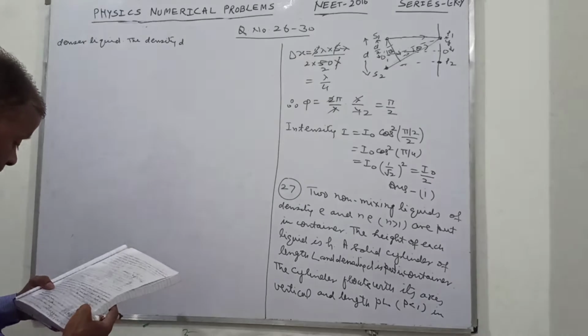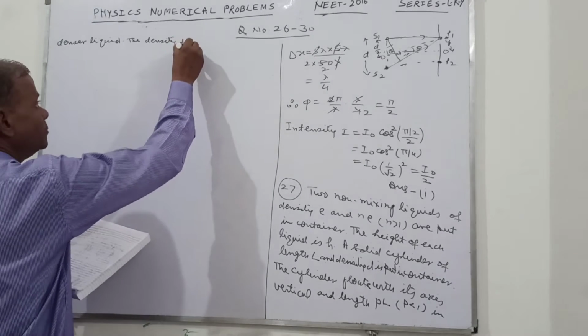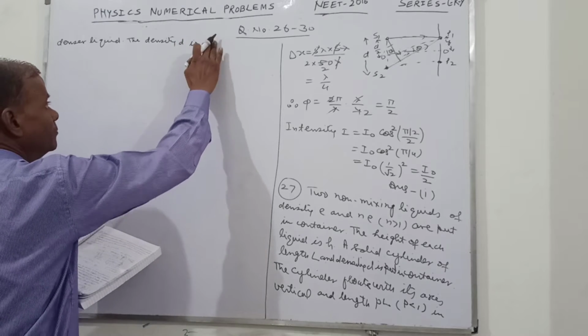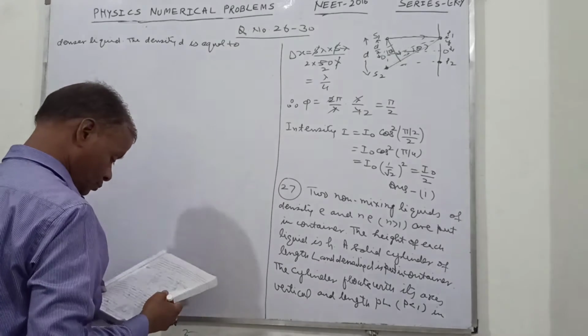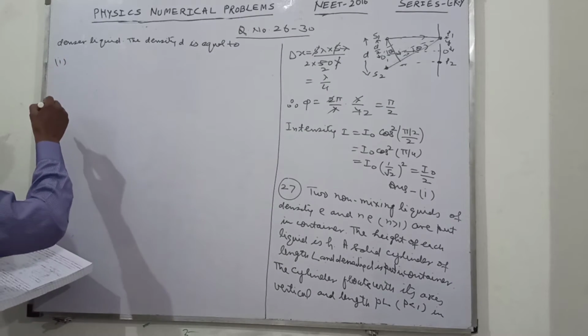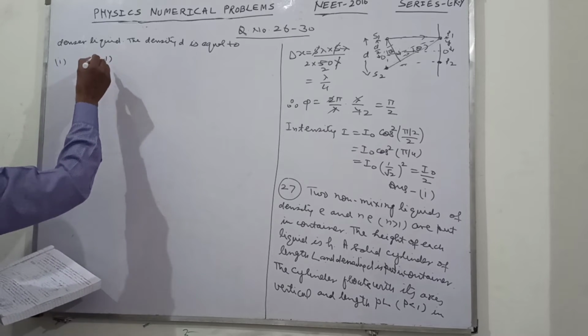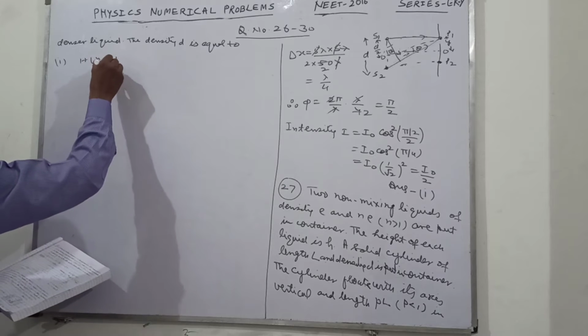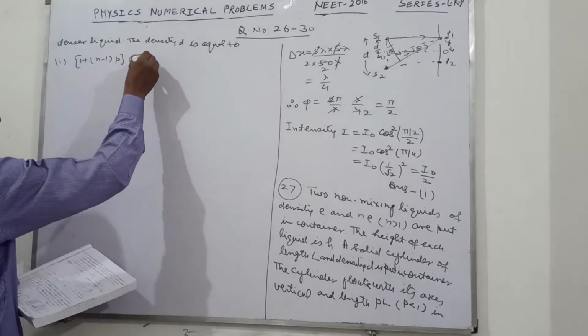So the density D is equal to, now the options. First option is 1 plus n minus 1 p into rho.